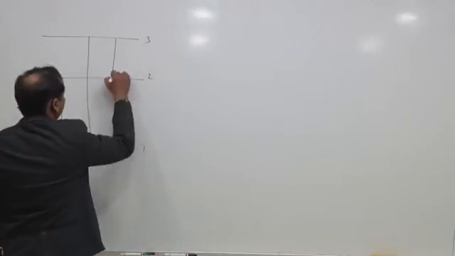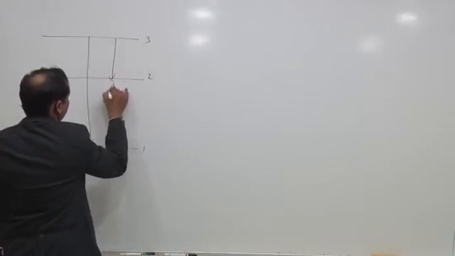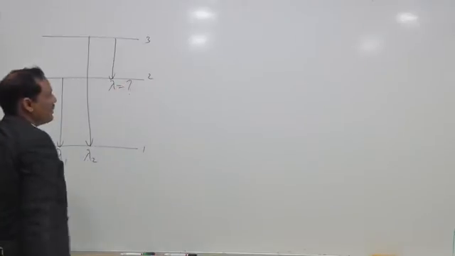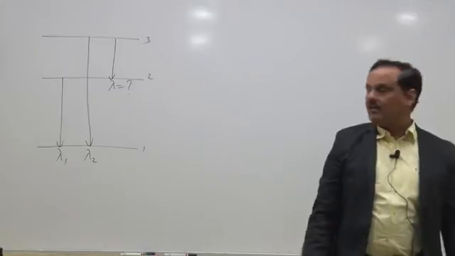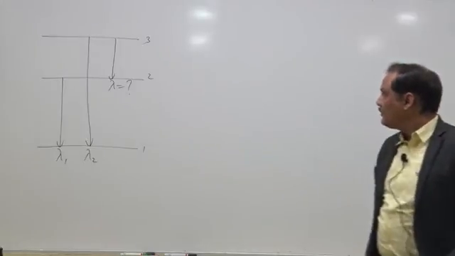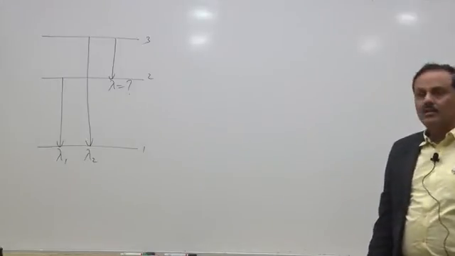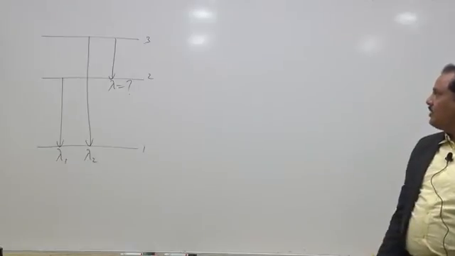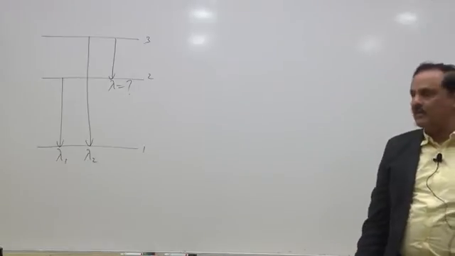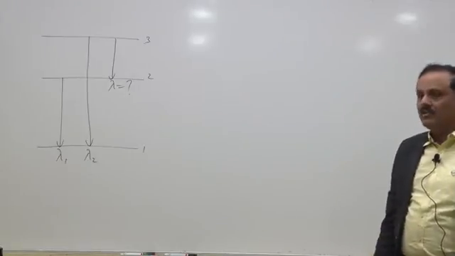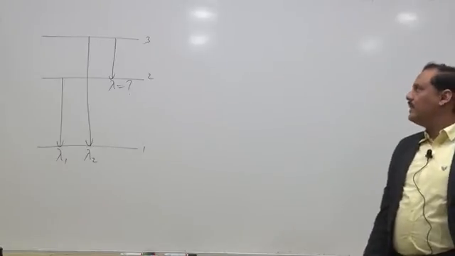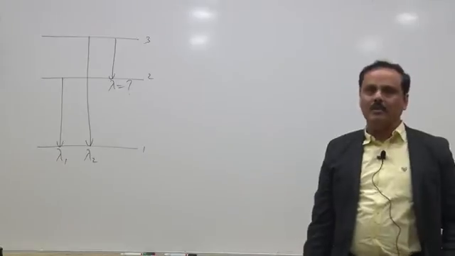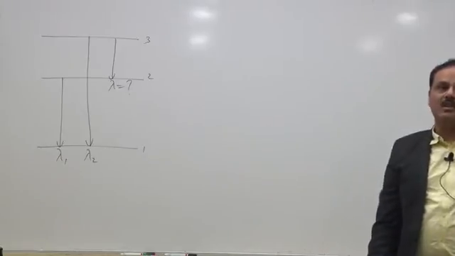Then you need to find the wavelength of the emitted photon when the transition is from 3 to 2. So there are 3 different energy levels 1, 2 and 3. The wavelength of the emitted photon during transition from 2 to 1 is lambda 1, during 3 to 1 it is lambda 2. Now you need to find the wavelength of the emitted photon when the transition is from 3 to 2.